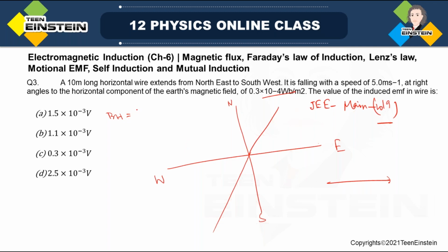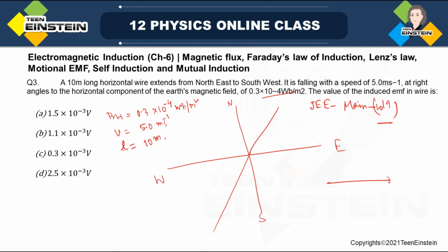So BH can be treated as B, the magnetic flux density, in Weber per meter square, and the speed V is given. It is falling in this magnetic field at this much meter per second. And the wire has length L equal to 10 meter.